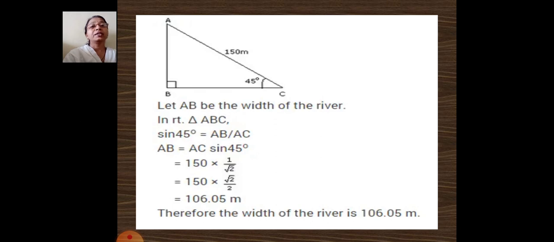Again the denominator is an irrational number, so multiply and divide by root 2. So you will get 150 into root 2 upon 2, and the value of root 2 is 1.41. You substitute there, so that is equal to 106.05 meters. Therefore the width of the river is 106.05 meters.